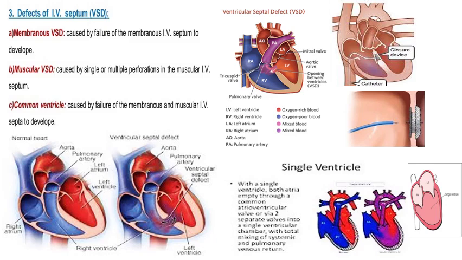So there can be a single perforation or multiple perforations in the muscular ventricular septum, and this is usually seen caudal to the interventricular septum. If the ventricular septal defect is seen in the cranial part of the ventricle, that would be the muscular membranous ventricular septal defect, which can be because of the failure of the contribution by the bulbar septum or the proliferation of the septum intermedium.